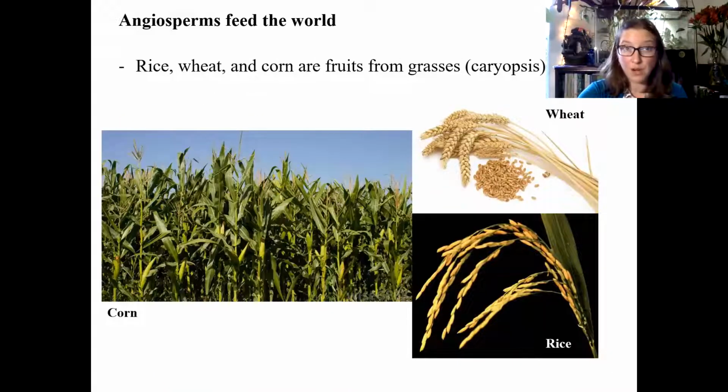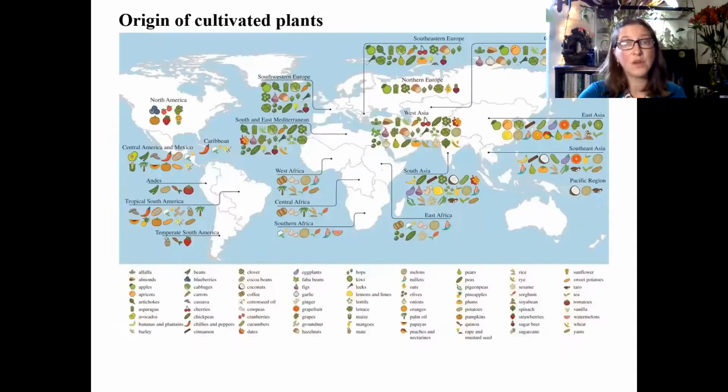But even though we've talked about these three before, they are not the only ones that humans domesticated. There was a ton of cultivated plants. Cultivated and domesticated are kind of the same thing. It just means that you took a species of plant and you grew it for the purposes of eating or other things like shelter over time, such that you're selecting certain types of plants.